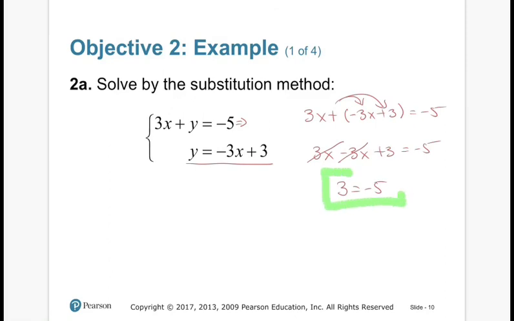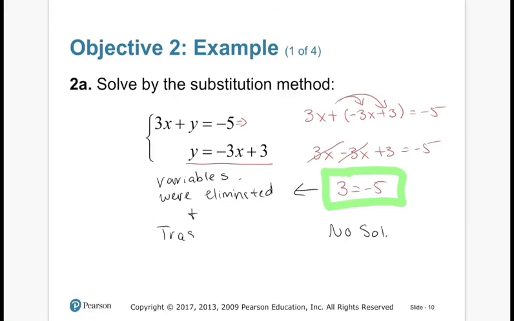And this is what it said a minute ago: variables got eliminated, and the statement is false. Therefore, no solution. Again, why? Variables were eliminated, and our final statement is false.